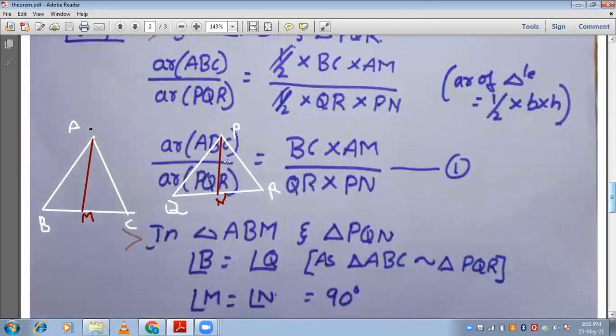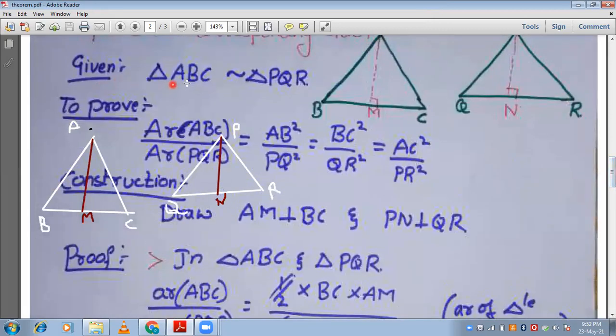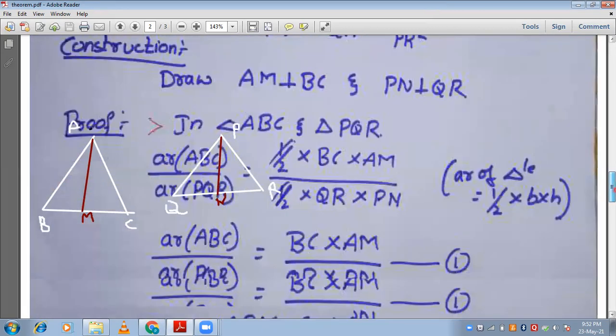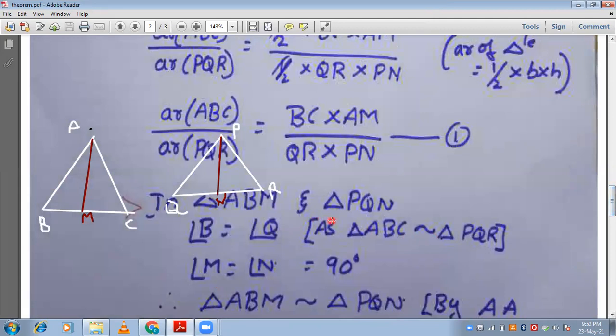Next, in triangle ABM and triangle PQN, angle B equals angle Q. Why are both angles equal? Because given triangle ABC is similar to triangle PQR, if two triangles are similar, then by CPCT, corresponding angles are equal.